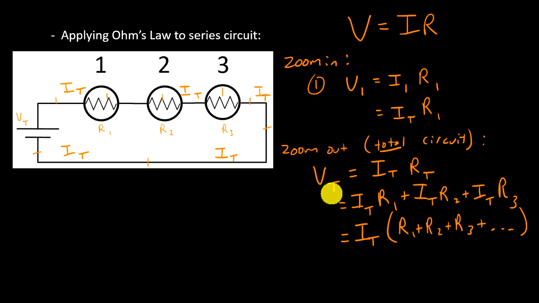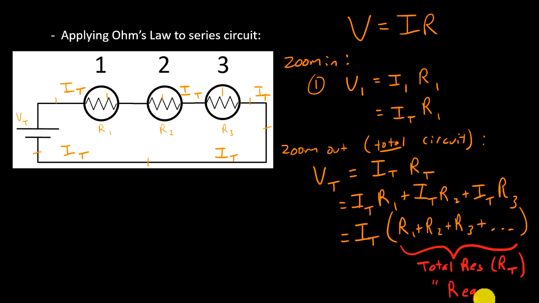Well, this means to find the total voltage, I just multiply the total current times all those resistors, simply added up. This is the total resistance, R total. This is sometimes called the equivalent resistance, sometimes REQ. Same thing.